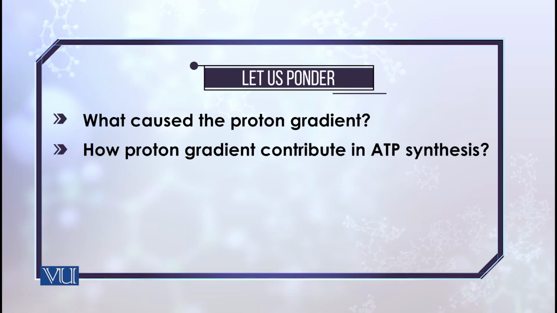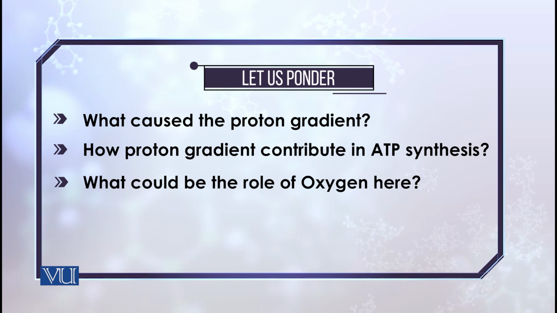How did the proton gradient help in the synthesis of ATP? We have seen how the proton gradient is formed, we talked about it earlier, but now that the proton gradient is formed, how did it help in the synthesis of ATP? What factor really led to the synthesis of ATP through this gradient?